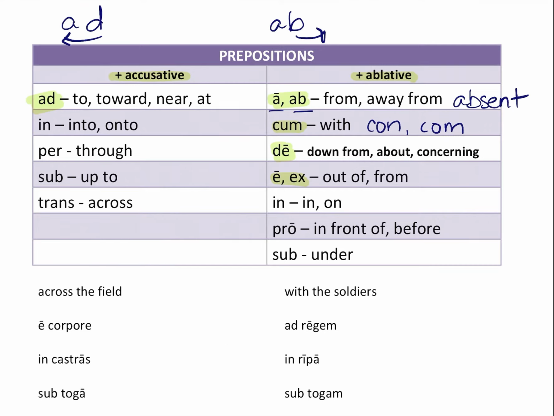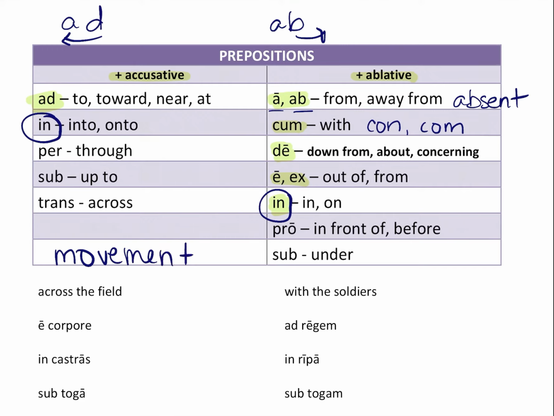All right. In or on. In here takes the ablative. You notice in takes the ablative in this case, and in takes the accusative in this case. I'm going to give you a hint. It's into or onto. If we look at all of these accusatives, if you notice, they have some movement to them.